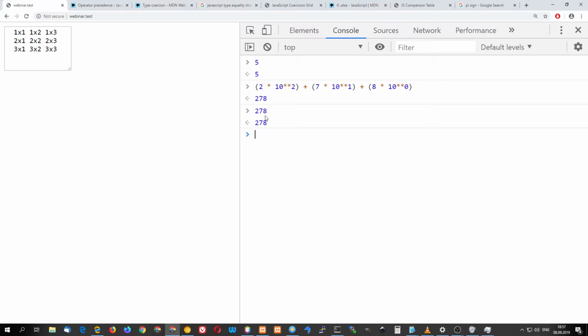So let's divide 5 by 2. Well, that's 2, remainder is 1.